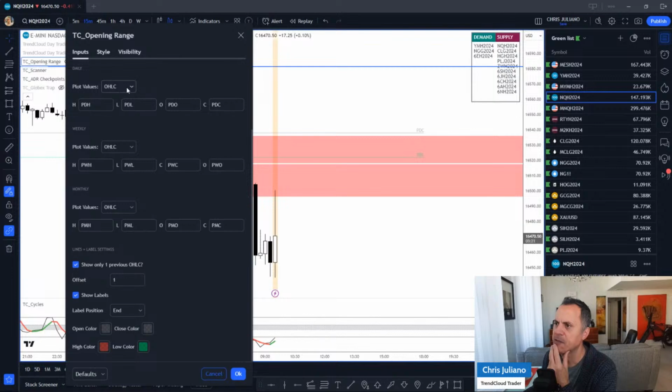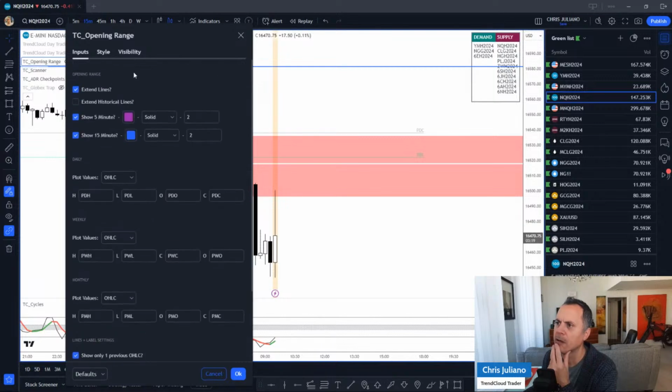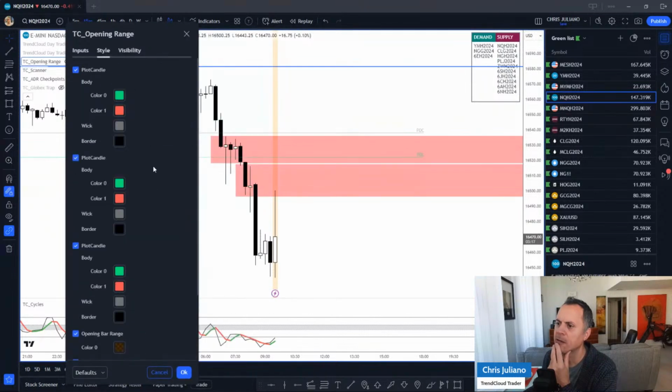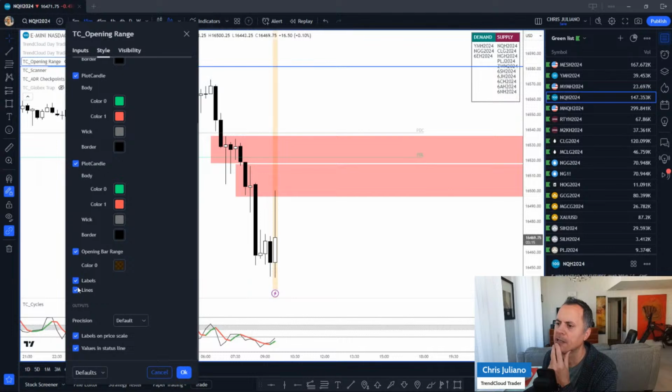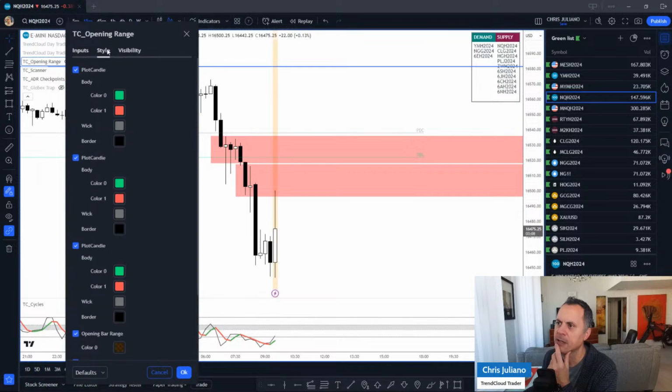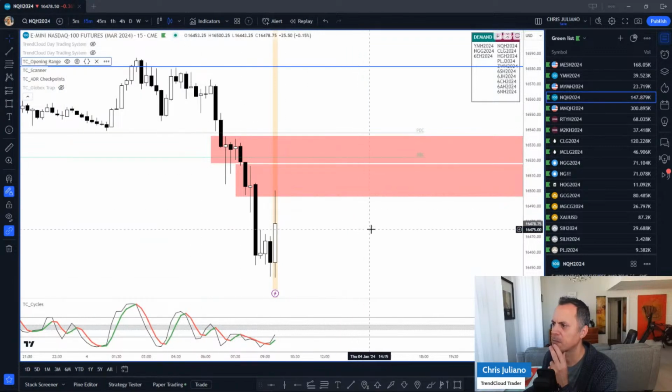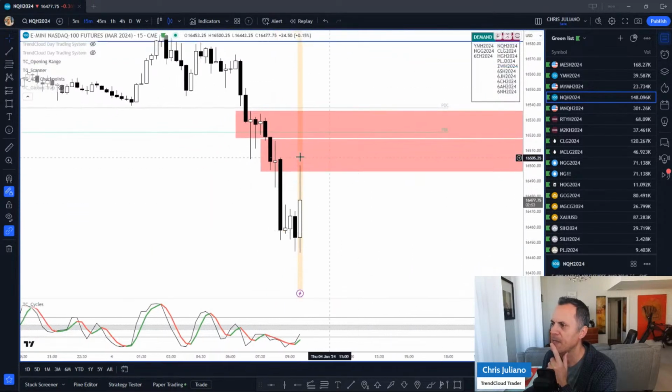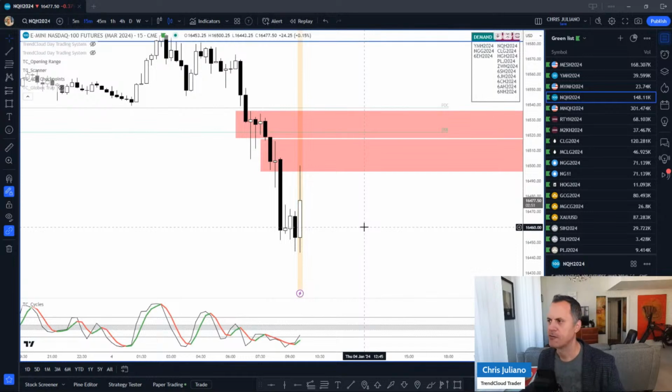It's got to be this up here. Style, lines. Okay, so make sure everything in style. I turned off the, oh yeah, there you go. Yep. I know that one got programmed defaulted to having all the lines and stuff. But man, look at that rejection off of that supply zone there.